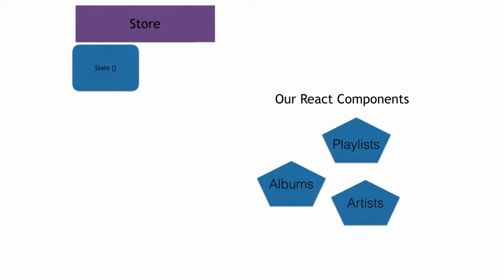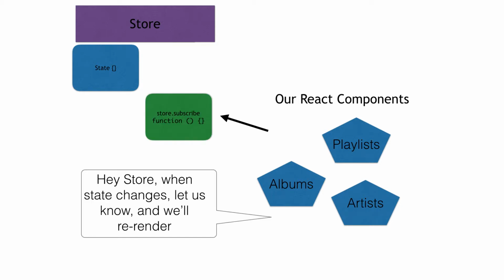And our React components will listen to that state. And the way they listen is that they call a method called subscribe on the store. What subscribe does is it asks the store, hey, whenever your state changes, you should let us know.